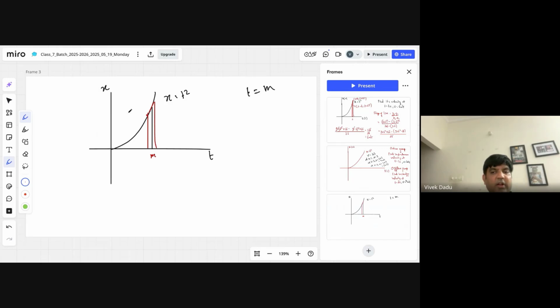So what are the coordinates of this point? m minus delta, comma, (m minus delta) whole square, right? That is this point. Wait, let me write it neatly.